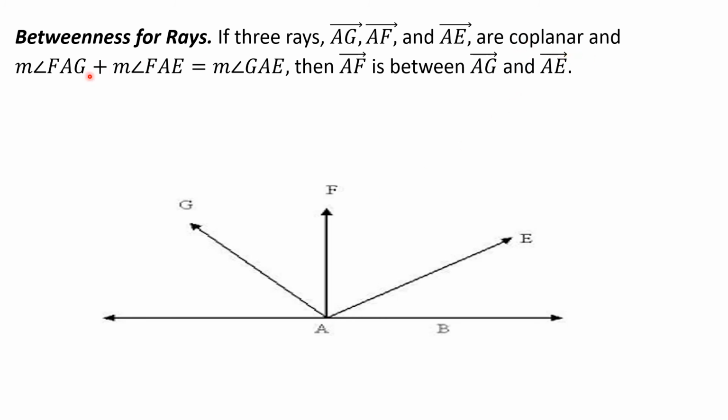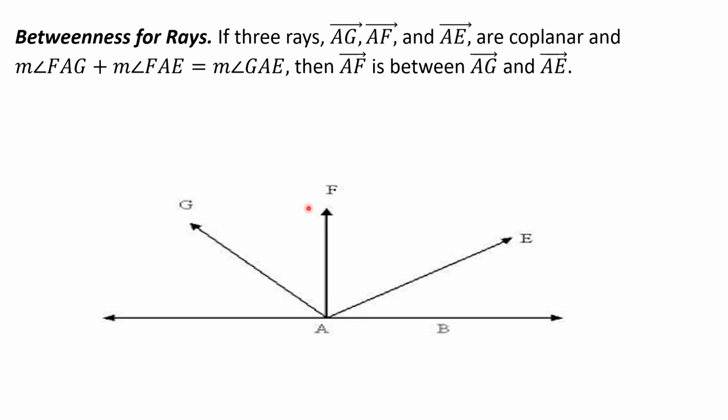So they are coplanar, and the measure of angle FAJ plus the measure of angle FAE is equal to the measure of angle GAE. So it is the same as the previous one that we discussed on the midpoint.